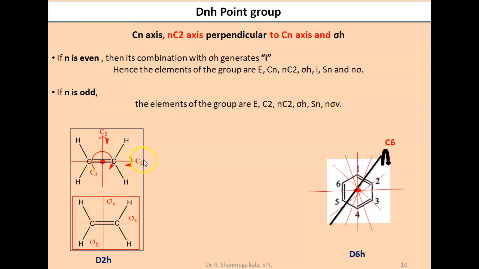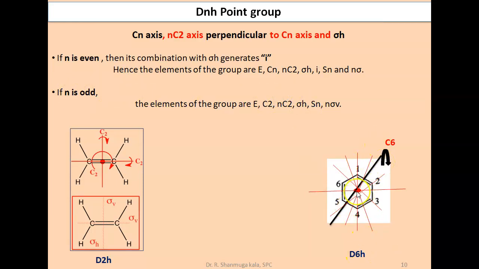The bond axis is a C2 axis, and the perpendicular C2 axis, and another one passing through the center of the double bond. It also contains sigma V and sigma H, right? So we have the center of inversion, and if N is odd, then no center of inversion is there.